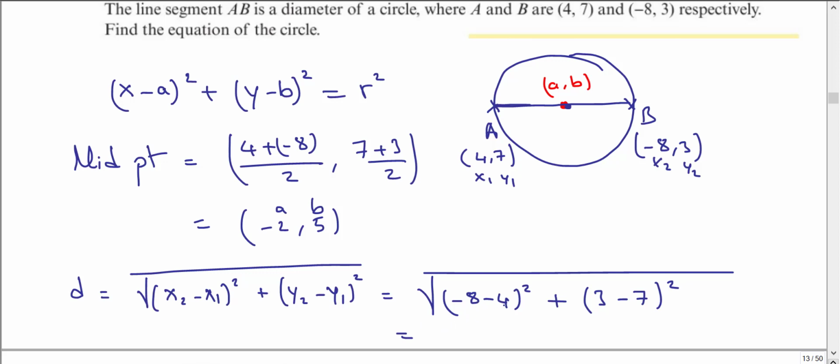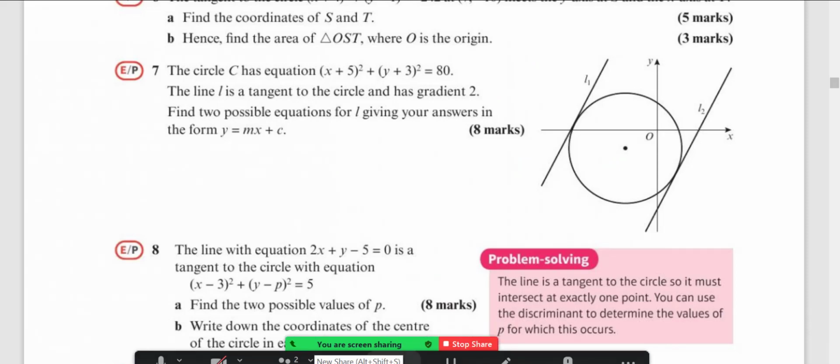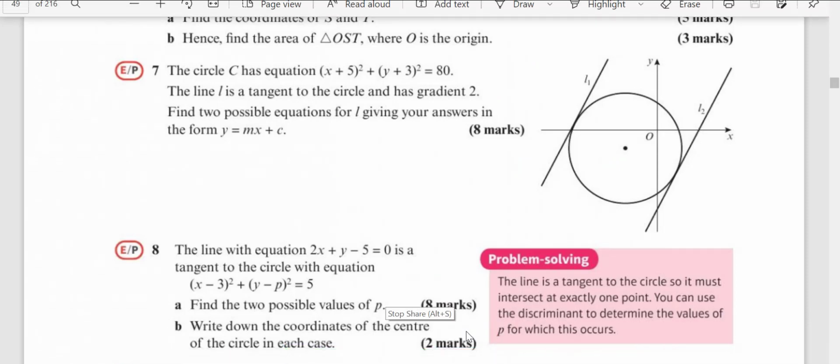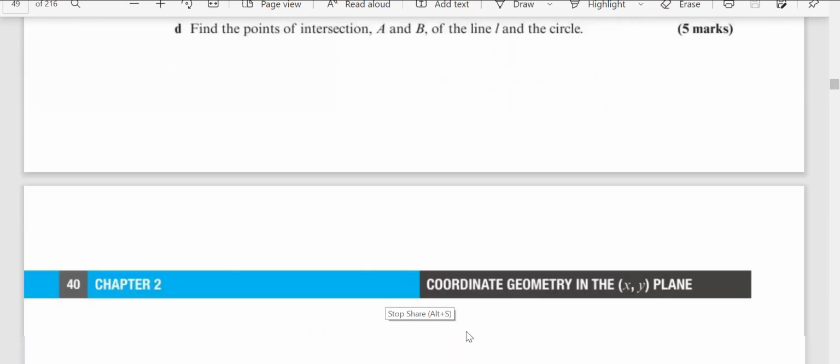So that's negative 12, which means 144, plus this is 4 power 2, that's 16. Of course, use the calculator, you don't need to do it mentally. Are you following, Adam? Yes, sir.